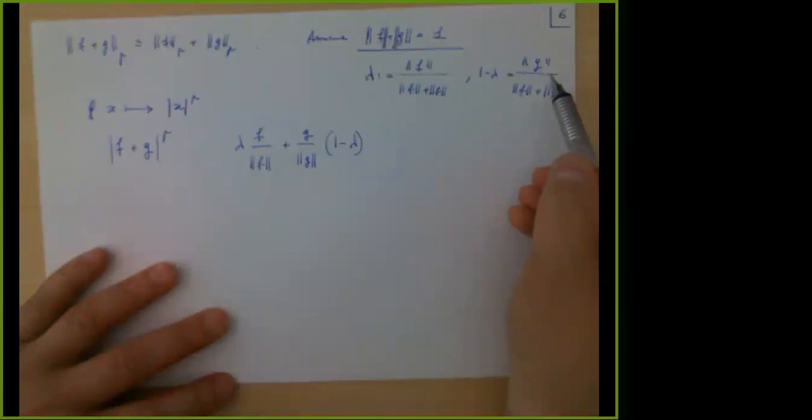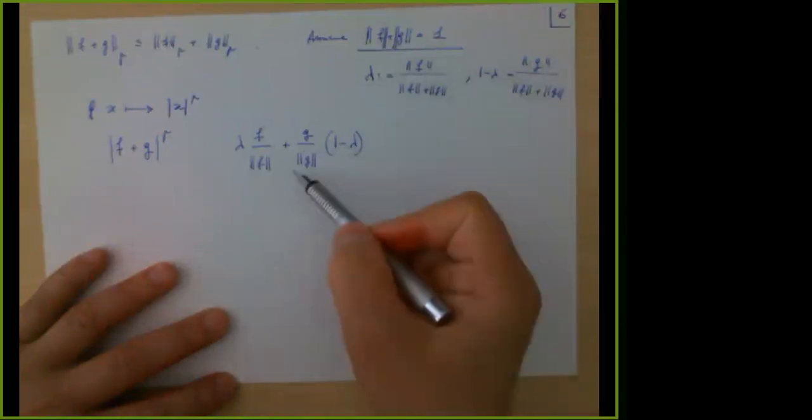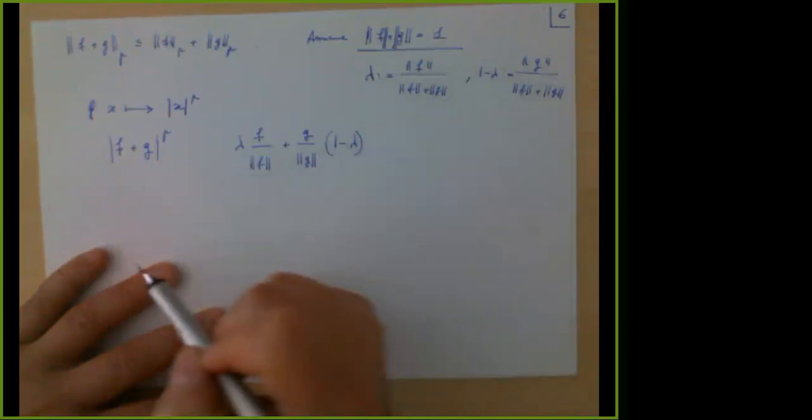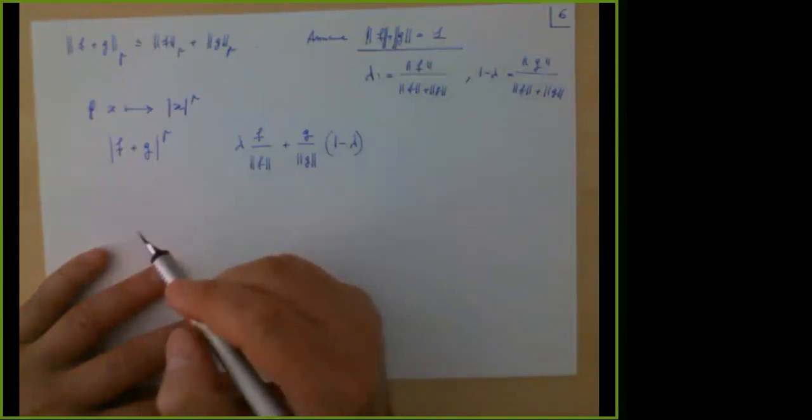If you put the definition of lambda and 1 minus lambda inside here, you will see that we get simplification, and we end up exactly with f plus g there.